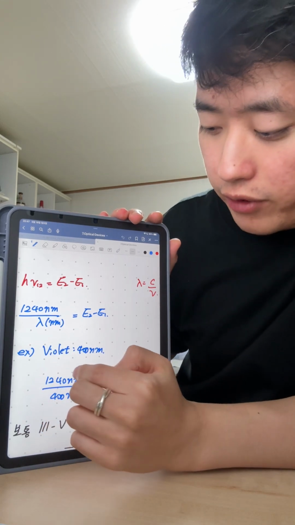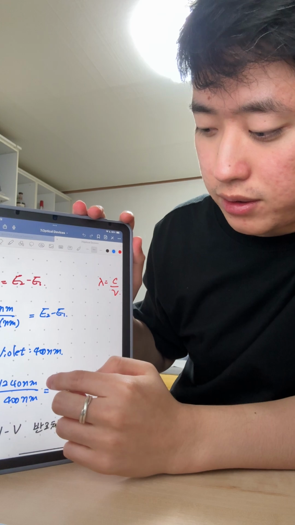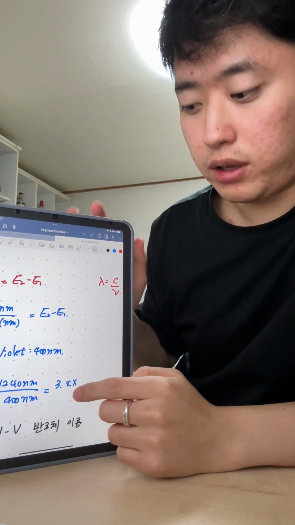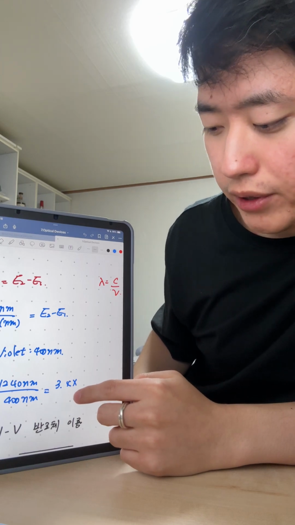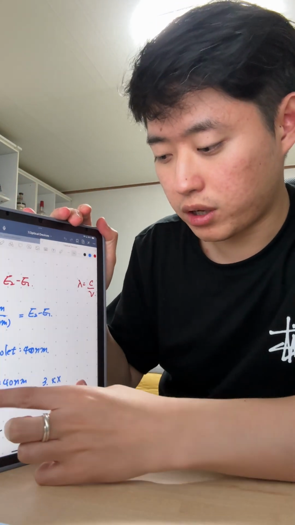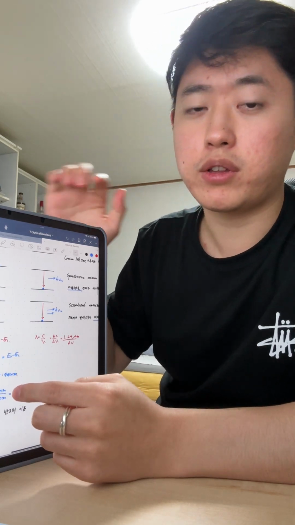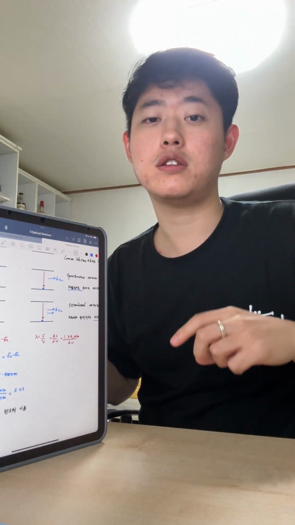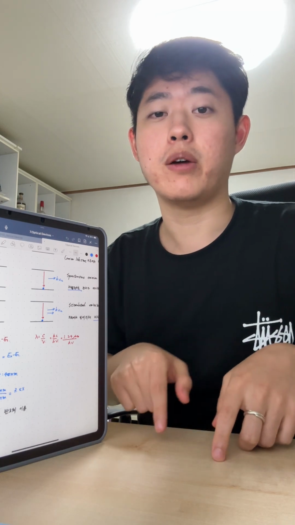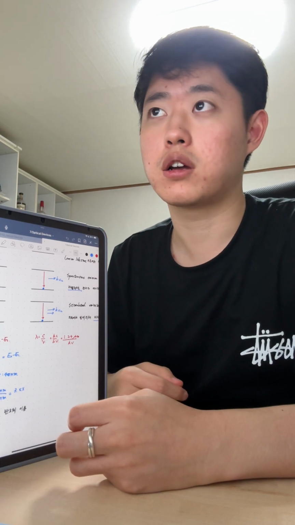So if lambda is 400 nanometers, the energy will be 3 point something electron volts. The material of optical devices usually uses III-V materials like gallium arsenide.